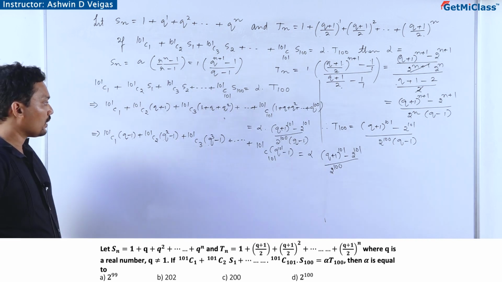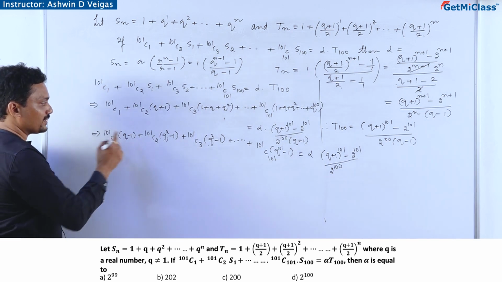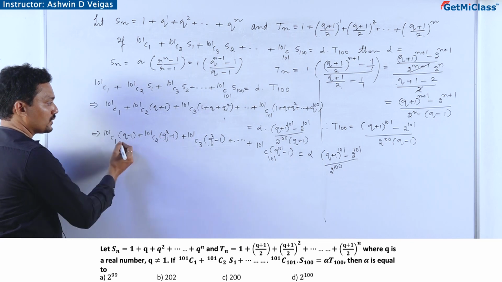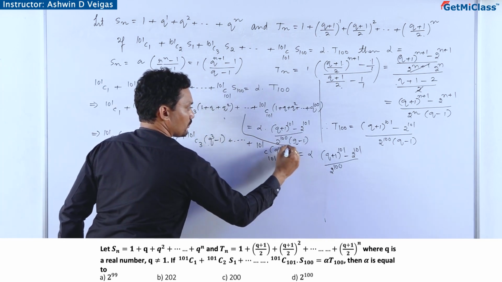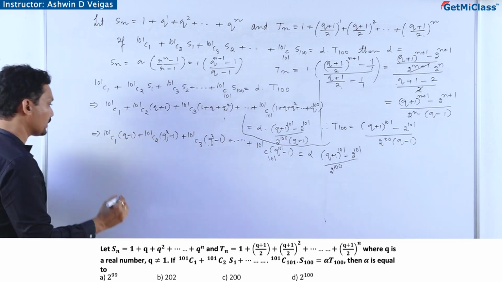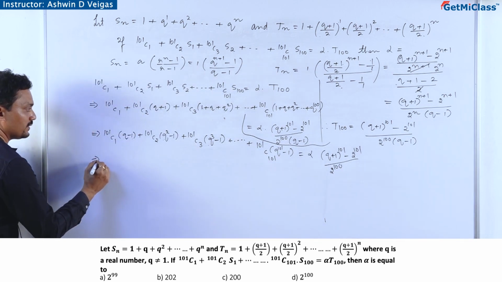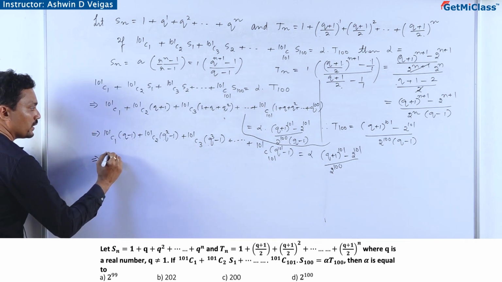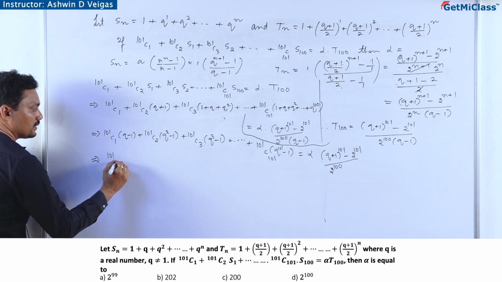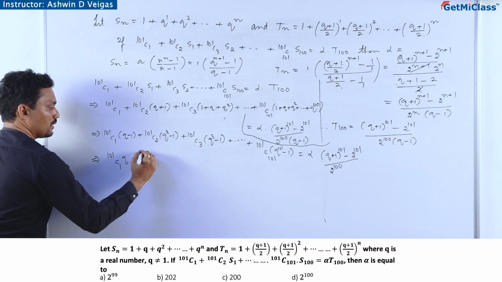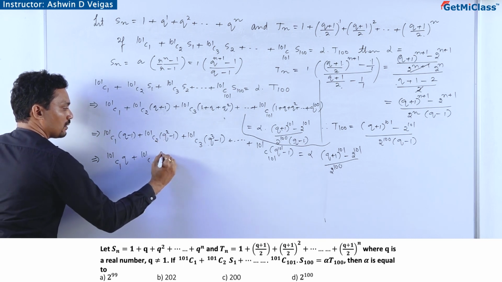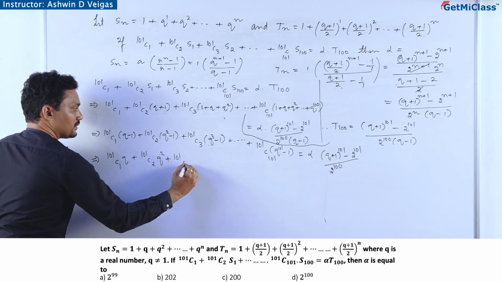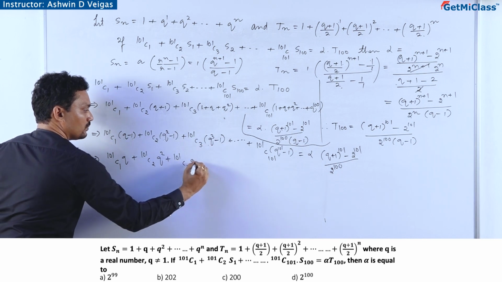Now what I will do is, I will open this bracket and collect the q terms together. This implies 101C1 into q plus 101C2 into q square plus 101C3 into q cube.